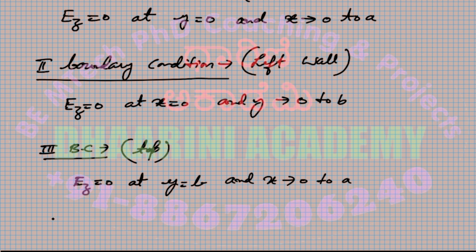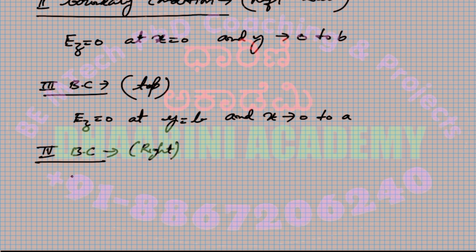So give me the fourth boundary condition. Once again, I'll write Ez is equal to 0 at x equal to a, and y varies from 0 to b. So we got all the four different boundary conditions.